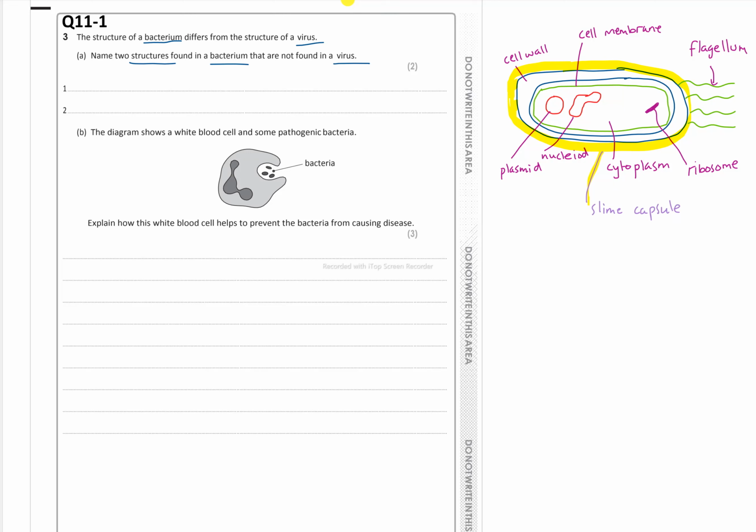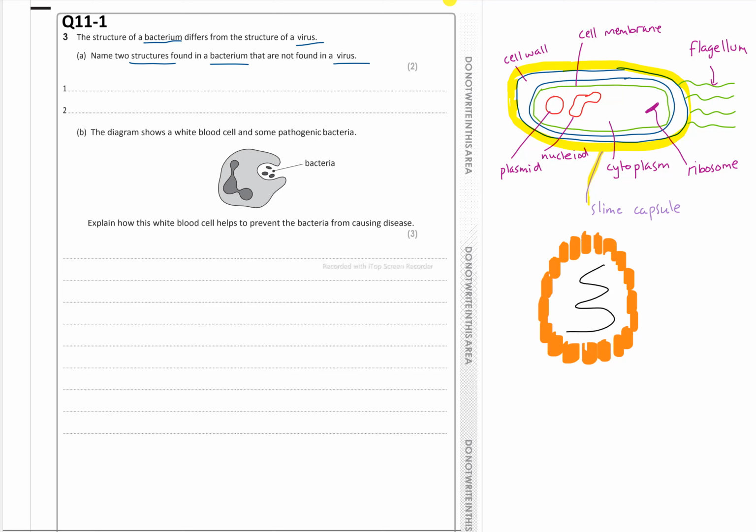Right, a virus on the other hand, you have genetic material in the middle, and then it's surrounded by, I think it'd be easier drawing it like this, so just round, circular. It's like that's a cover. So that's the genetic material, either RNA or DNA, ribonucleic acid or deoxyribonucleic acid.